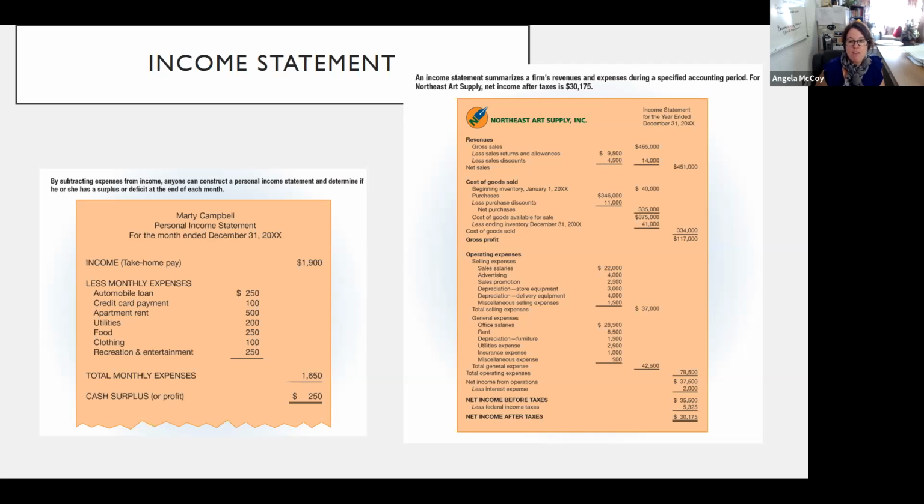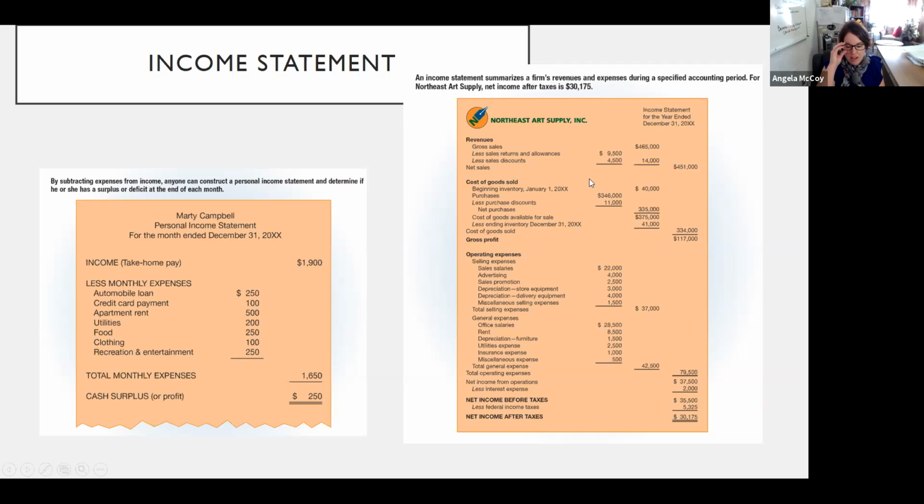The remainder of what you have left is the firm's net sales. This is the actual dollar amount received by the firm for the goods and services it has sold after the adjustment for returns, allowances, and discounts. For Northeast Art, net sales is $451,000.